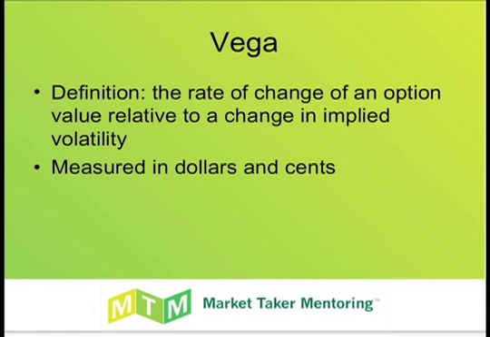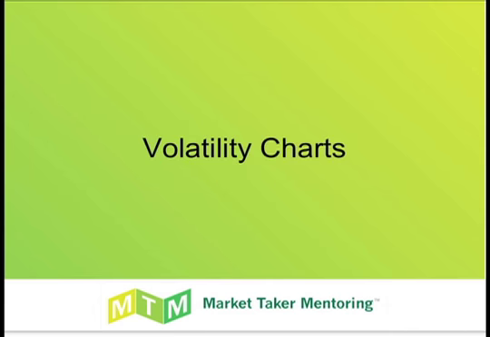Vega is the rate of change of an option value relative to a change in implied volatility. It's measured in dollars and cents. So if you were to look at an option chain and see a Vega of 0.05, that means 5 cents. That means every 1 full point that implied volatility changes, your option price changes by a nickel.